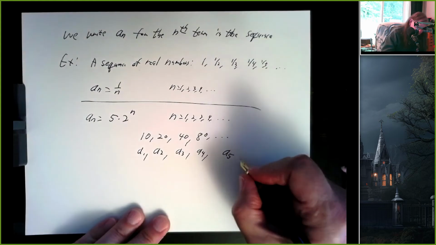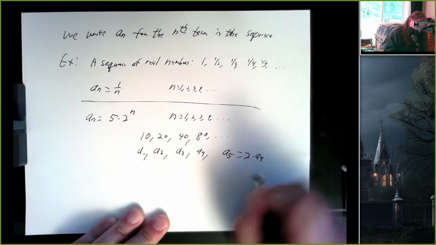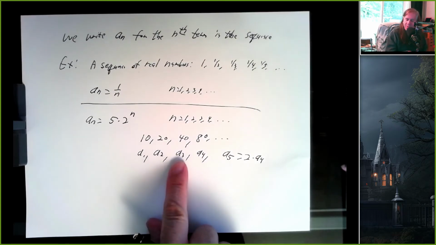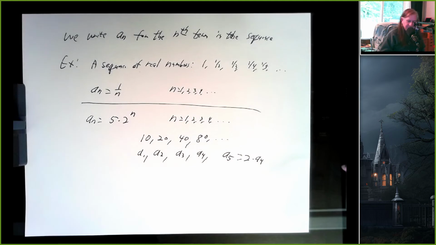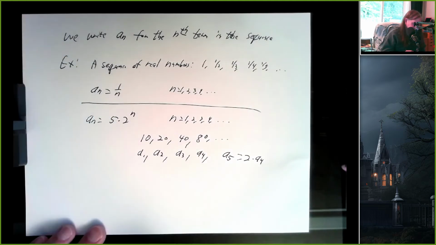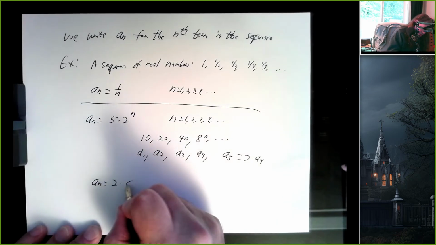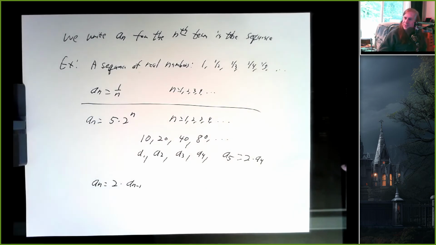Yeah, it's just 2 times the fourth term. And the fourth term was just 2 times the third term, and the third term was 2 times the second term. So a recurrence relation for this might be the nth term equals 2 times the n minus first term.